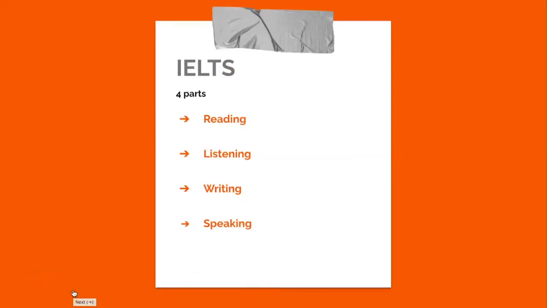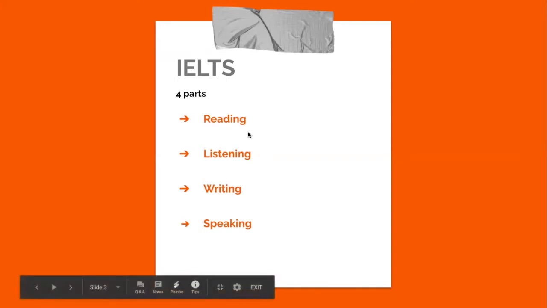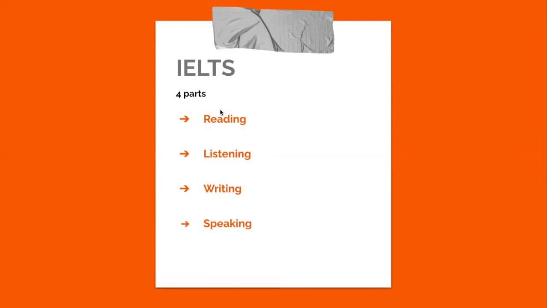Guys, basically 2 of these, reading and listening, are considered to be the easiest part of the test because you're being tested on your passive skills. Writing and speaking are active skills. While you're reading or listening, you're not required to talk or write anything.